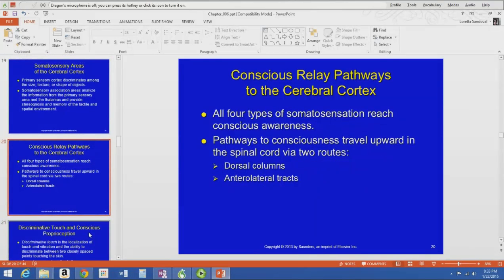So we talked about the 4 different types of somatosensation: the mechanoreceptors, the thermoreceptors, the chemical receptors, and nociception. All 4 types of those sensations reach conscious awareness via the conscious relay pathways. They travel upward in those 2 routes that we talked about in the spinal cord, the dorsal column and the anterolateral tracts.